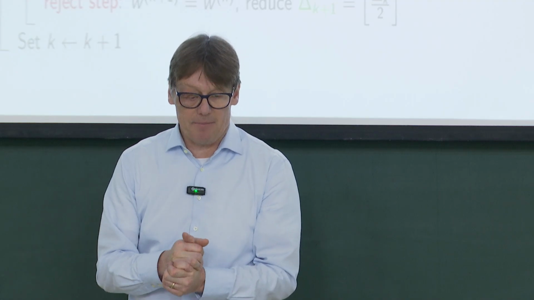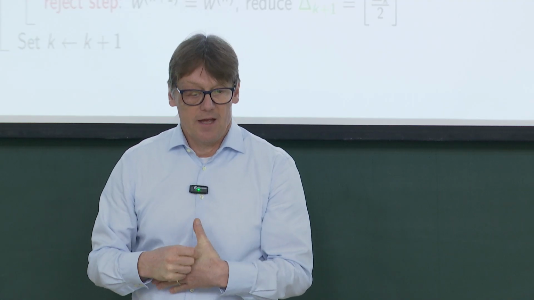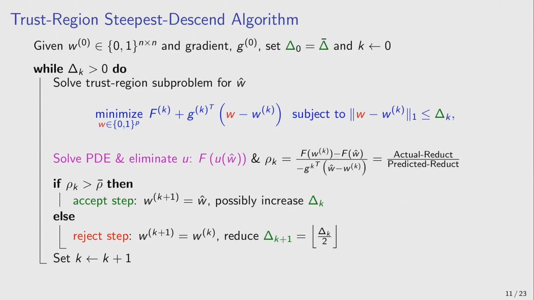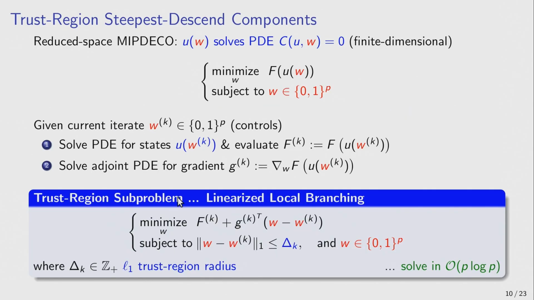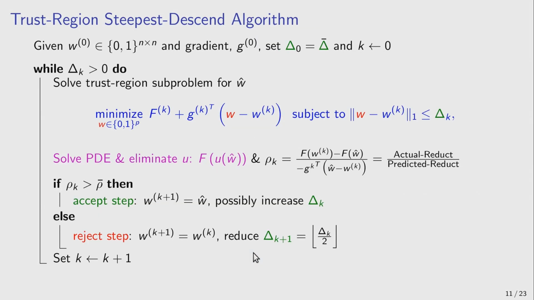Otherwise, I reject this step and reduce my trust region. The way we've implemented this, the initial trust region radius is a power of 2, and we just halve or double the trust region on every step, so we stay within powers of 2. Then we stop the algorithm once the trust region drops below 1, because once delta k is below 1, in this problem I can no longer move from the current point.